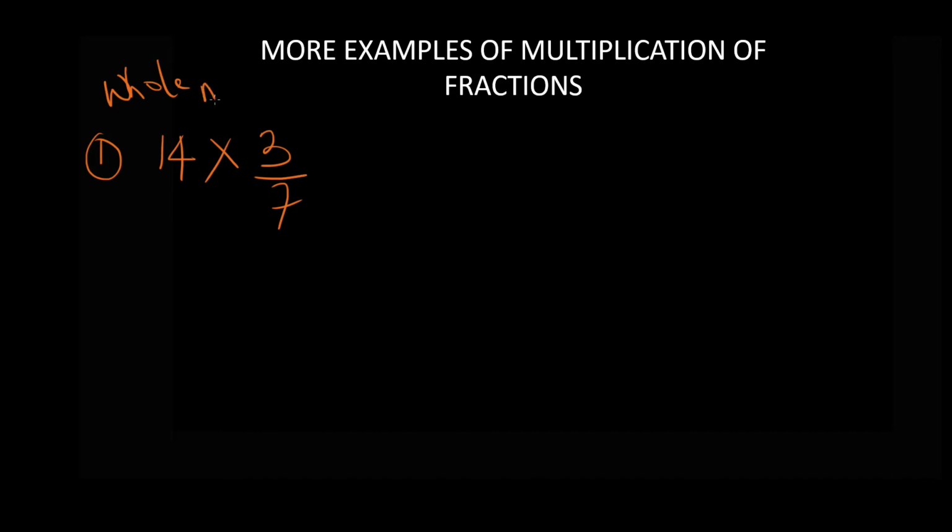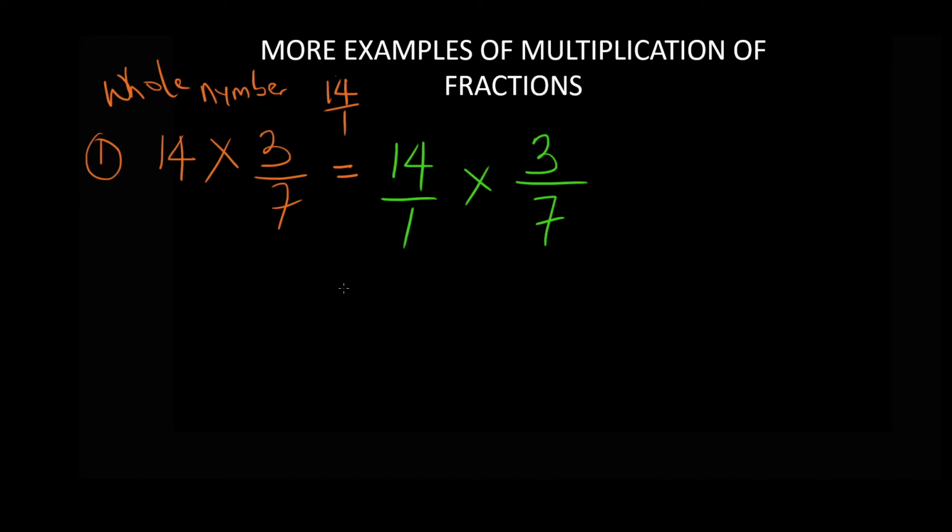So that means that 14 is the same thing as saying 14 over 1. That is what it means. So in this case, I can rewrite this as 14 over 1 times 3 over 7. This is the same thing. 14 over 1 is the same thing as 14.